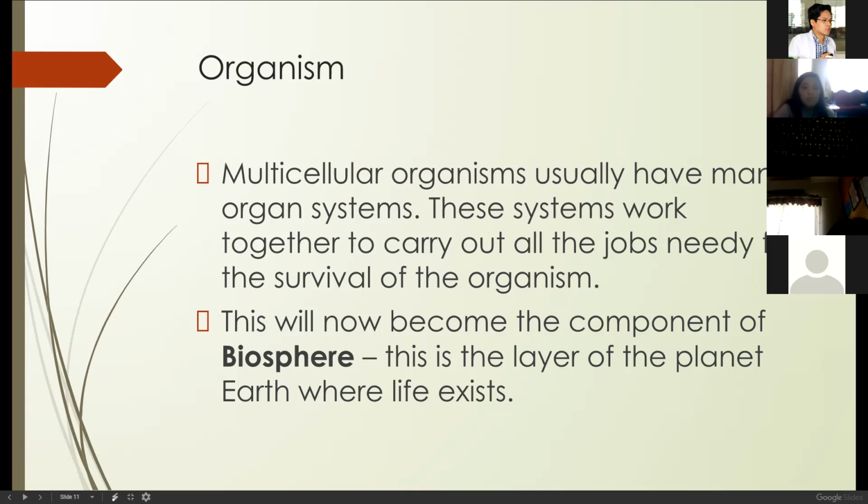This is the layer of the planet Earth where life exists. This is the only layer of the planet Earth where life exists because in this layer it has a lot of things that life needs to survive. It actually gives support to life. Okay. Question so far?